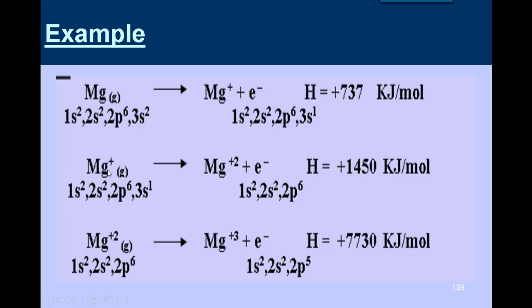And if we take this magnesium positive ion that carries 1 positive charge and give it this amount of energy, it will change into a magnesium positive ion with 2 charges and it will lose another electron. And if we take magnesium with 2 positive charges and we want to convert it into a magnesium ion with 3 positive charges, it will gain this amount of energy.